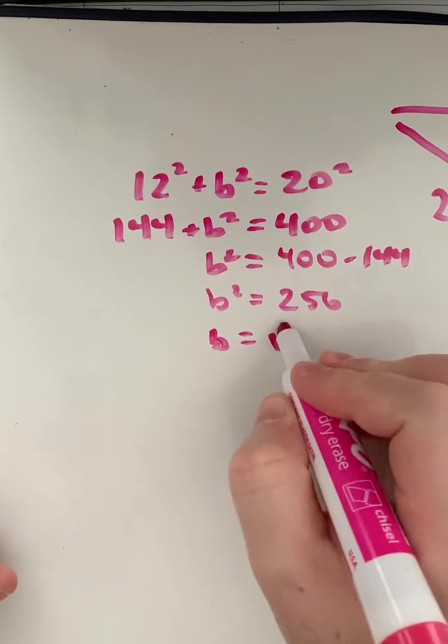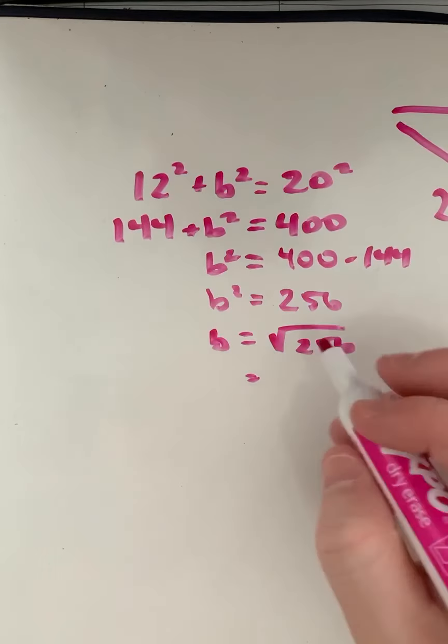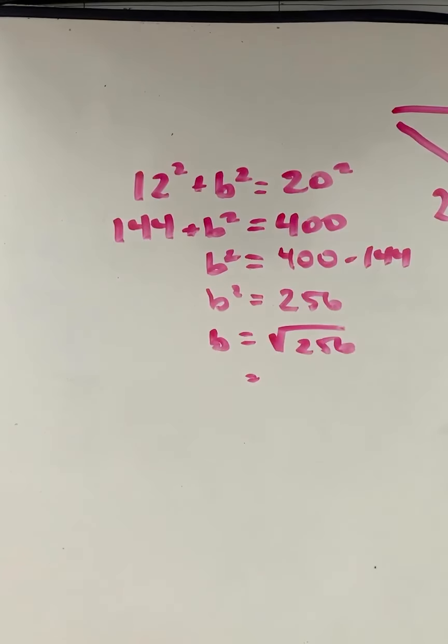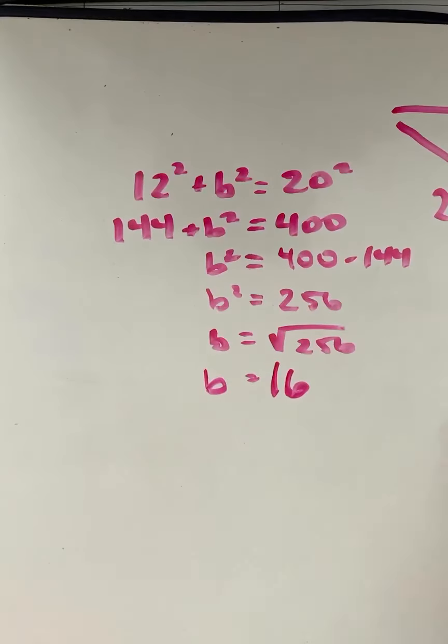Then b equals the square root of 256, which is 16. So b equals 16. That's the third knowledge question.